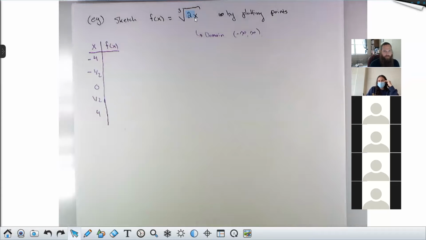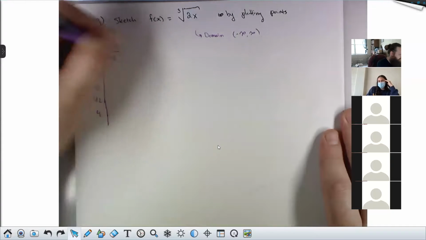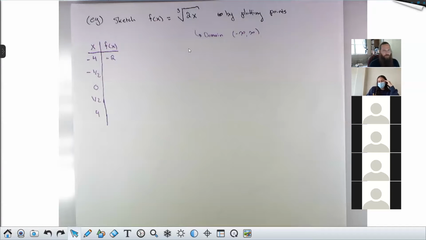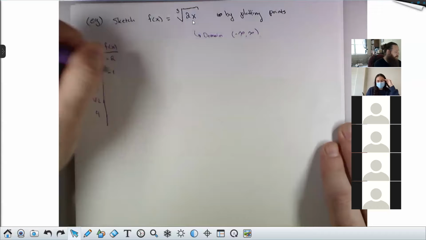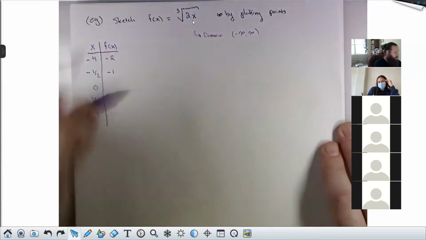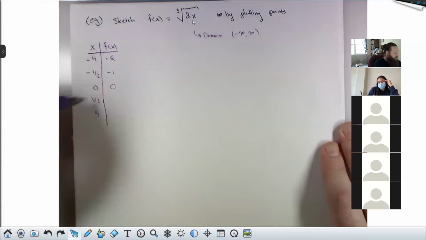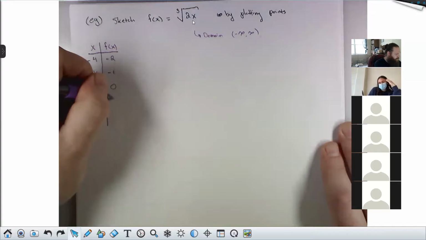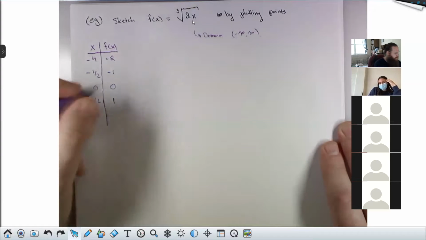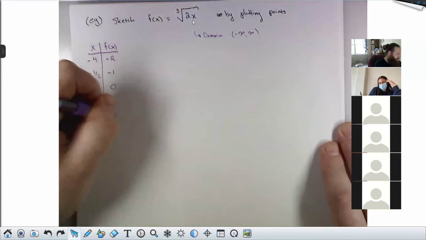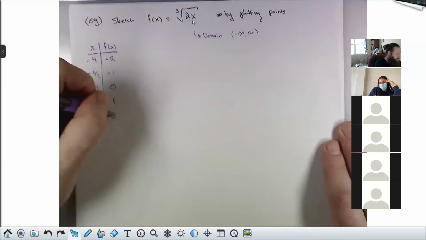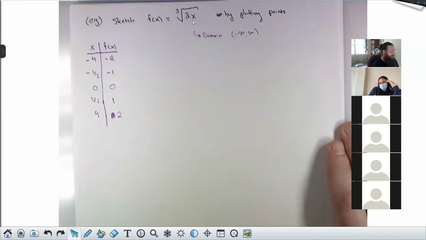What's the cube root of -8? -2. Yeah, -2. If I plug -1/2 in here, then I have the cube root of -1, which is -1. If I plug 0 in here, I have the cube root of 0, which is 0. If I plug 1/2 in there, I'll get cube root of 1, which is +1. And if I plug 4 in there, I'll get the cube root of 8, which is 2.